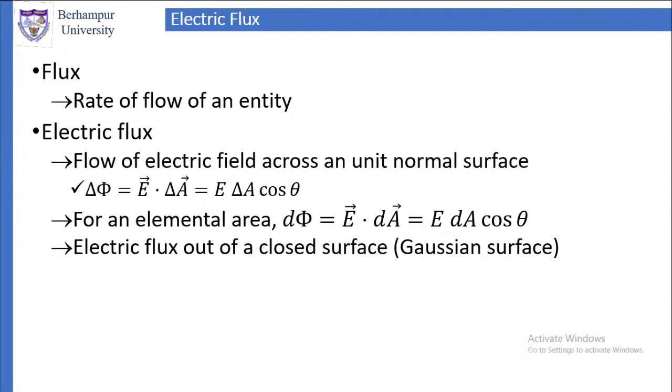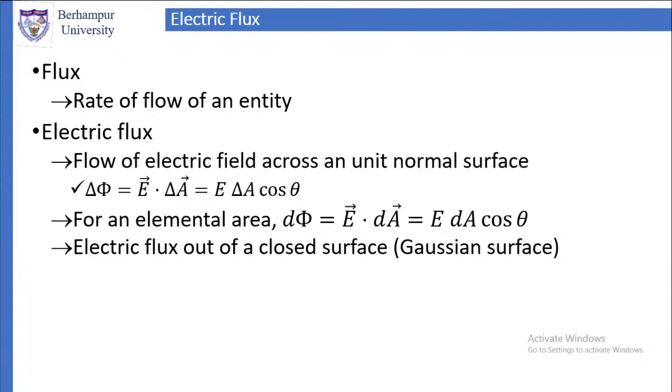Now, when the surface area that we are considering is a closed surface, the surface starts at one point, then the area spreads in different directions, and ultimately it comes back to the starting point. So it encloses a volume. So the surface is enclosing a volume.